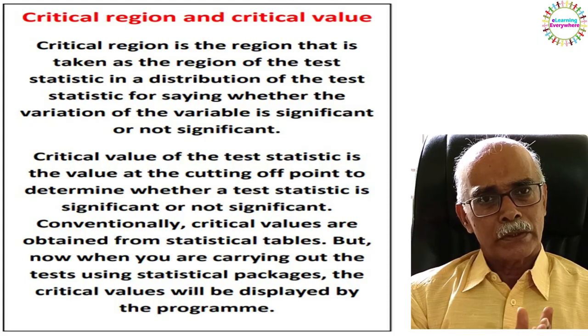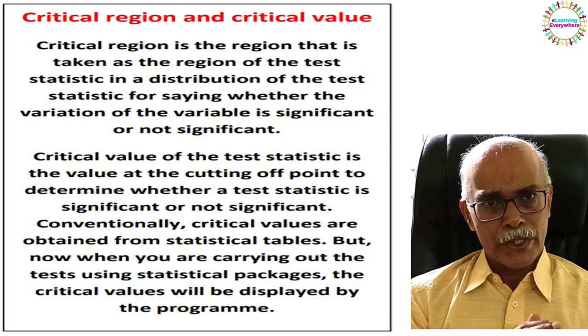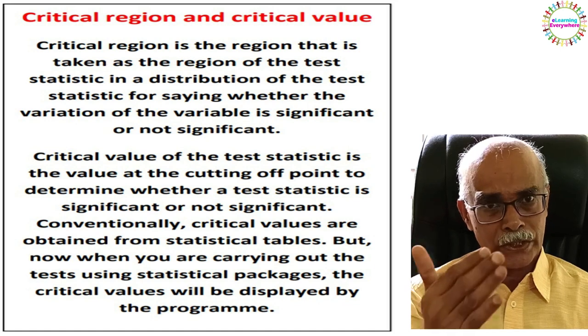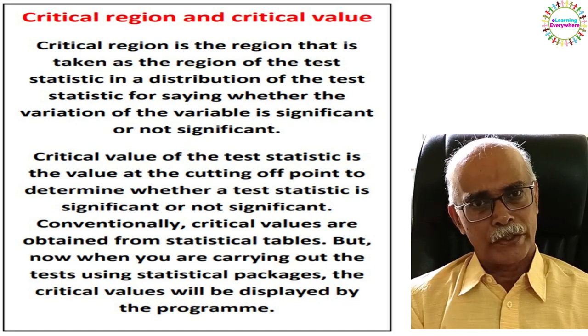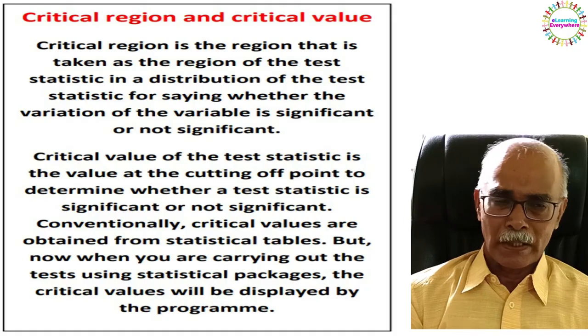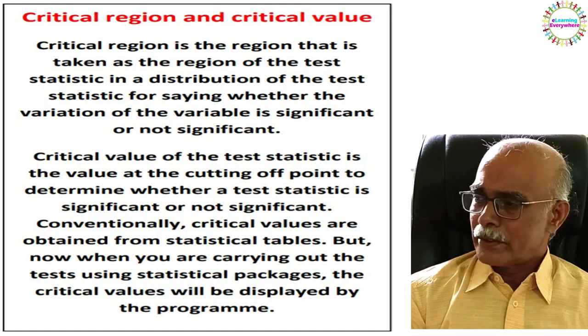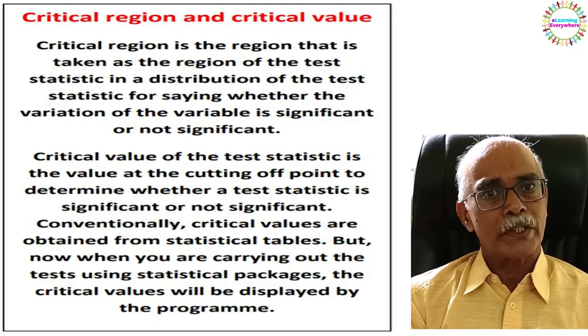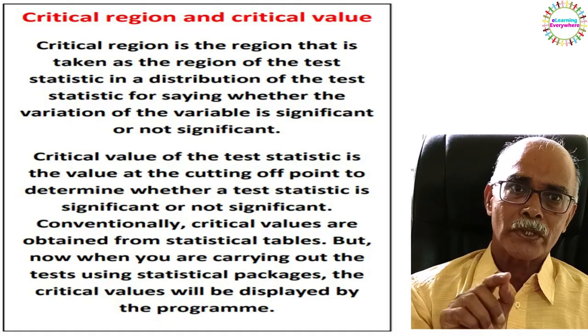So in tests of significance, you will be calculating the test statistic. For example, you will be calculating the t value or the chi-square value, and then you will be testing whether the calculated value is significant.